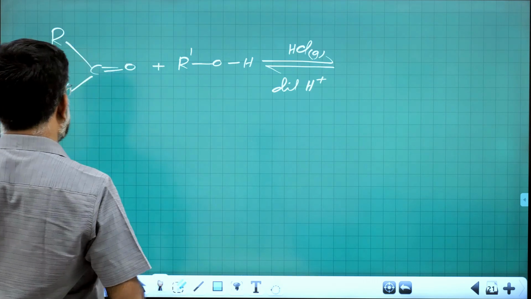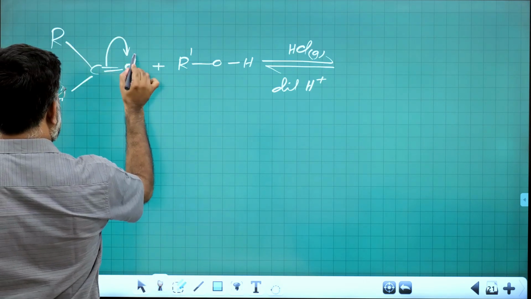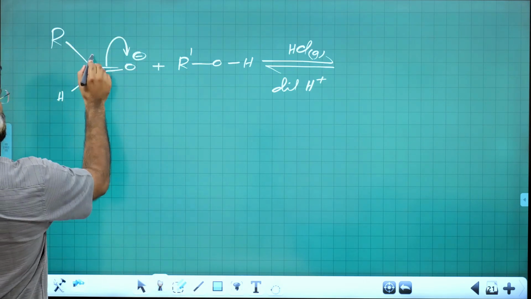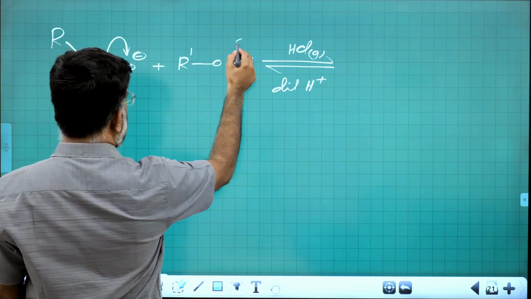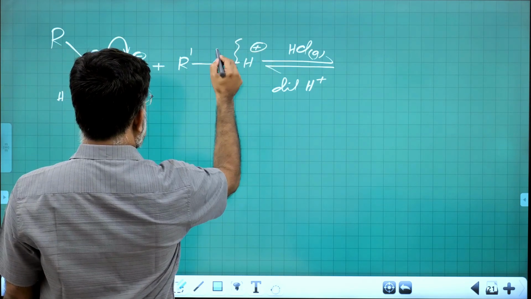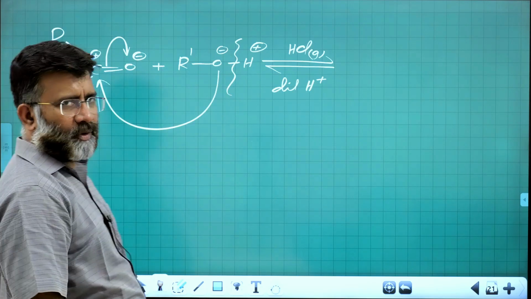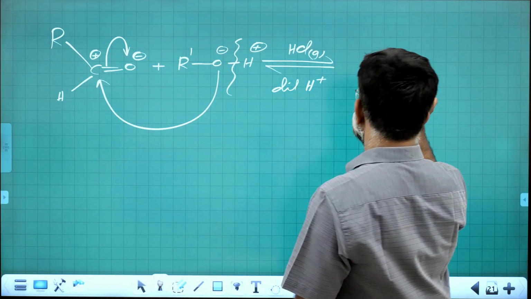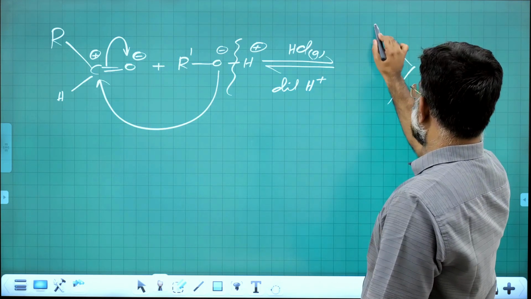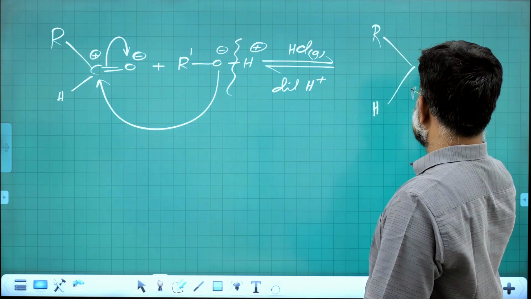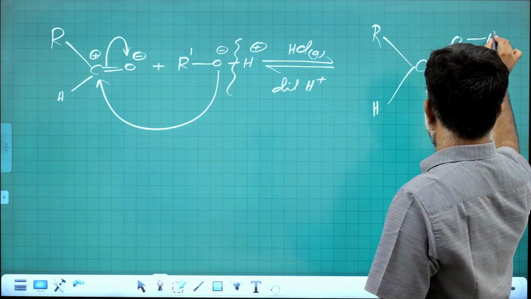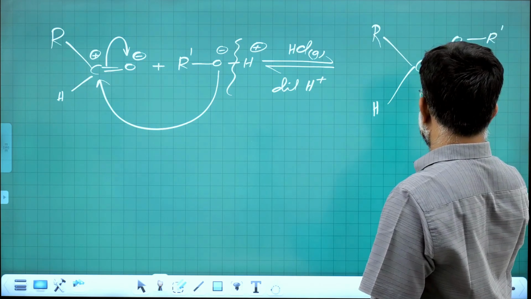And see what reaction is happening. Very simple. In a very similar way, O minus and C plus, and the bond breaks over here, H plus, OR minus. This RO minus will act as the nucleophile, and the result will be R, H, C, OR', and OH.